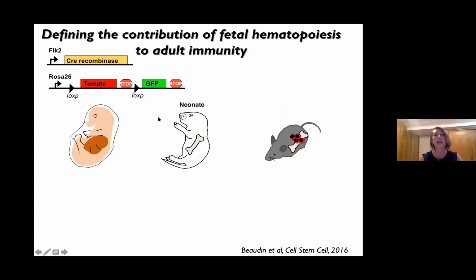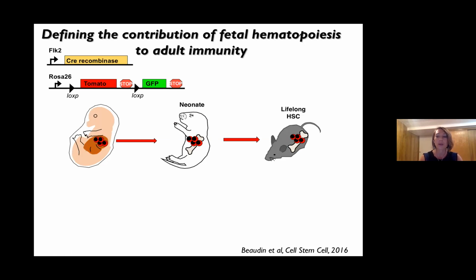When I started these experiments, I went backwards into fetal and early development to look at the HSC compartment. Of course, we found red HSCs in the fetal liver that seeded the bone marrow right around birth. We presume that at least some part of this red population gives rise to the adult HSC compartment.